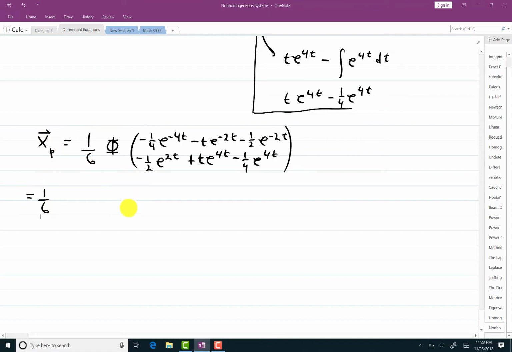The 1/6, I'll simply multiply it at the very end. Now my phi was 4e to the 3t, e to the 3t, and then negative 2 e to the negative 3t, e to the negative 3t, times, and then all this stuff.